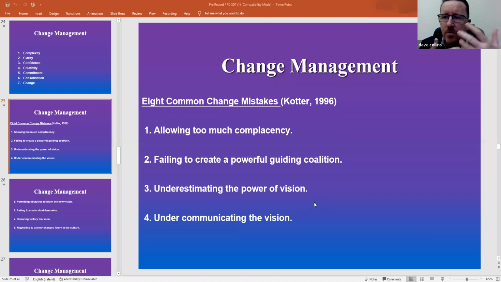But when you're doing change within an organization, you need people to understand and see what you see, for them to get on board and realize how good this change can be. And that brings us on to number 4, under communicating it. Again, getting people to see what you see, the vision that you have, communicating that vision to them and doing it correctly and powerfully.